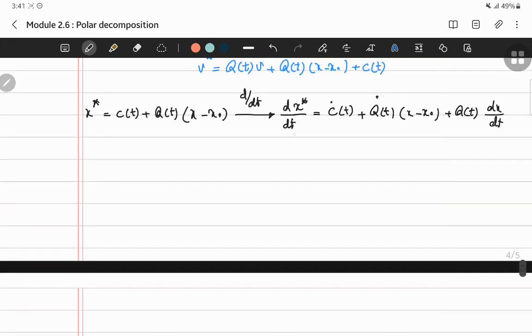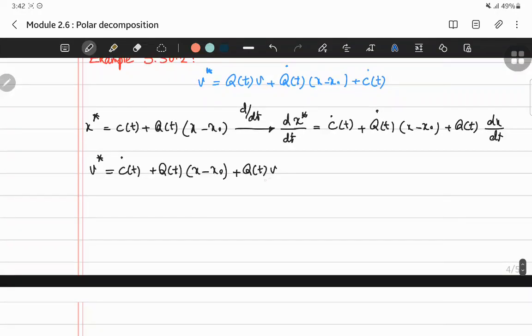So here we have v star is equal to c dot(t) plus Q dot(t) (x minus x0) plus Q(t) v, which is the same as here, this Q dot.